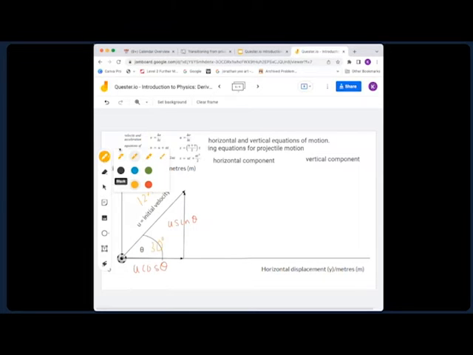So let's imagine a question. Earlier we mentioned that the final velocity is equal to the initial velocity plus the acceleration multiplied by time, right?